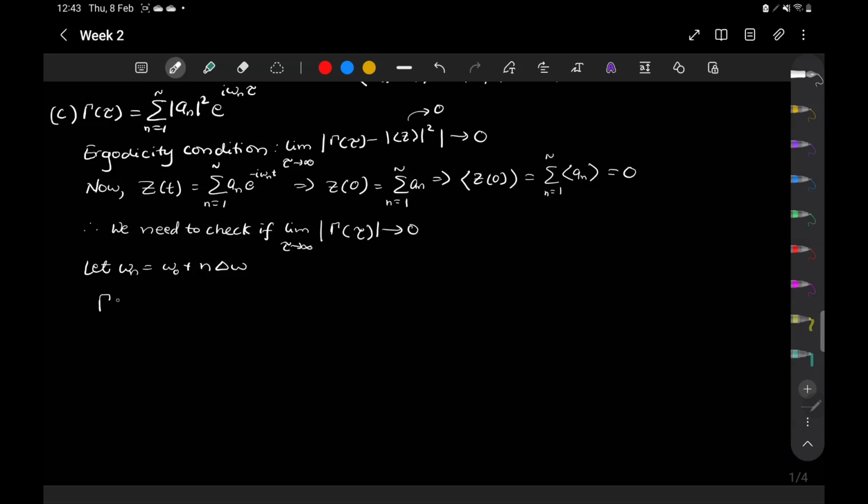So putting this in gives me gamma tau, where omega n is now nothing but omega naught plus n delta omega. I'll take omega naught tau outside because it is independent of n.